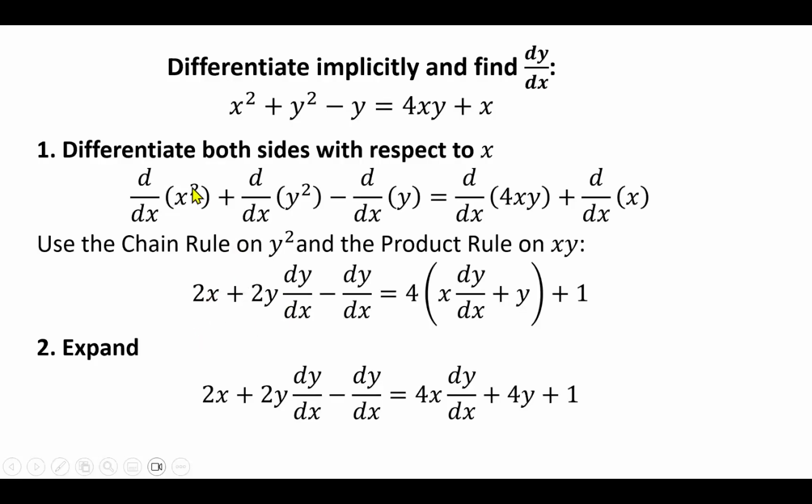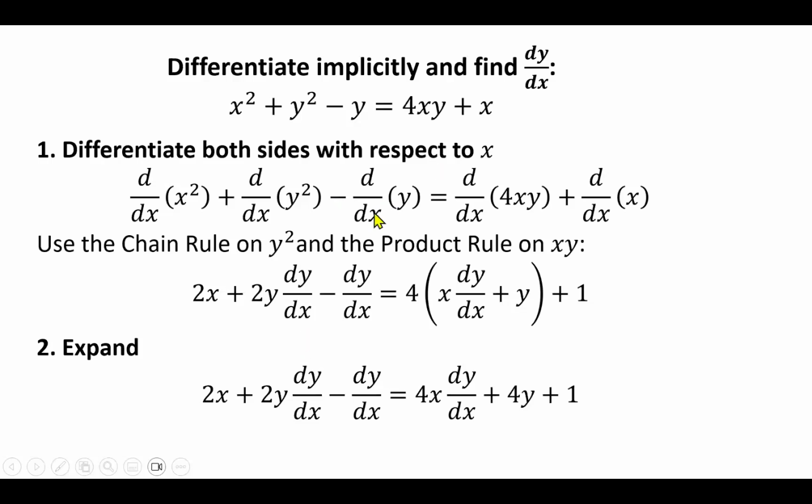So for example, I have the derivative of x squared, that is just 2x. I have the derivative of y squared. Well, y squared would be 2y, and then times the derivative of the inside, and the inside function is y. So you multiply by the derivative of y, which we write as dy dx.